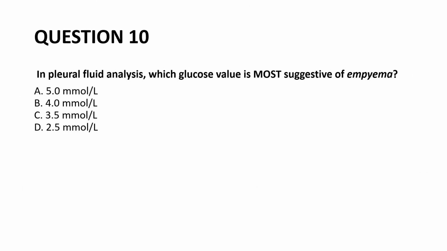In pleural fluid analysis, which glucose value is most suggestive of empyema? 5 millimoles per liter, 4 millimoles per liter, 3.5 millimoles per liter, 2.5 millimoles per liter. The correct answer is 2.5 millimoles per liter.